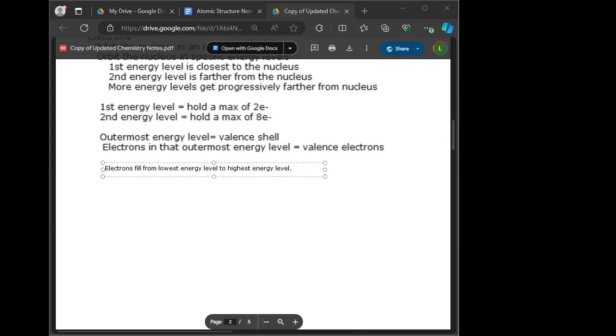So they fill from low to high. You could kind of think of them as lazy. They really don't like to go to a higher energy level unless they absolutely have to.